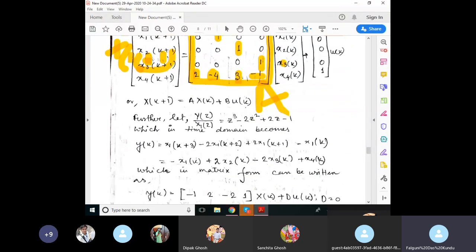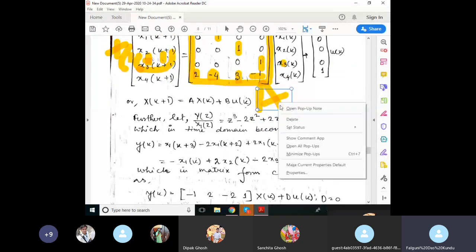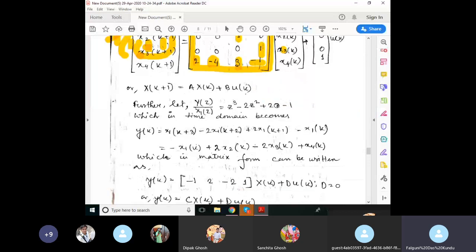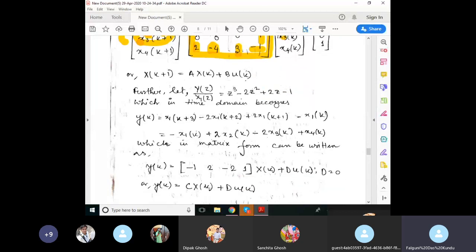Okay, now next we consider the numerator part for finding out the output. Okay, so Y(z) by X1(z) is nothing but z cube minus 2 z square plus 2z minus 1, that is x1(k+3) minus 2 x1(k+2) plus 2 x1(k+1) minus x1k.